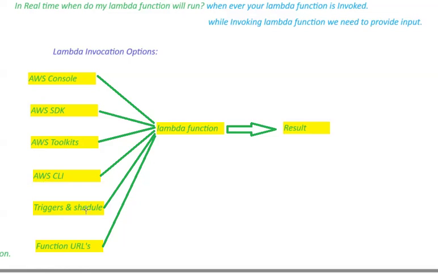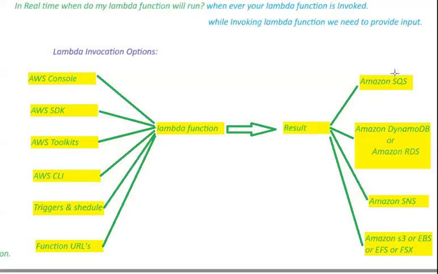So this is the first thing, providing input by invoking the Lambda function. Whenever your Lambda function is invoked, the code in it will run. This is the second step. And then after executing your business logic, you get the result output, which you can store in downstream resources. These are some of the places where you can store your result.